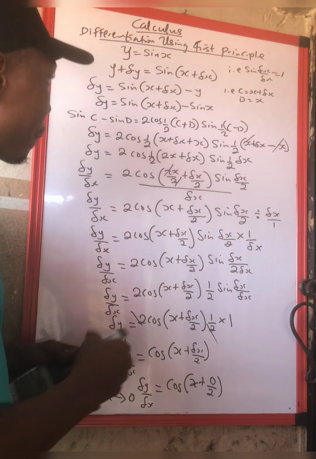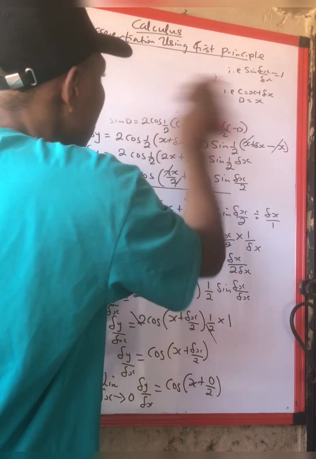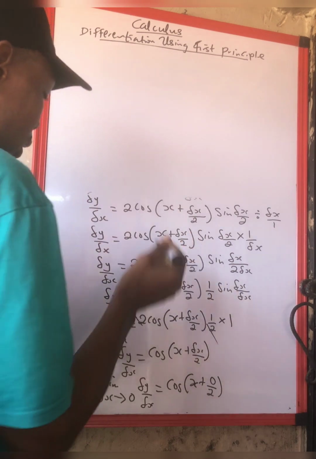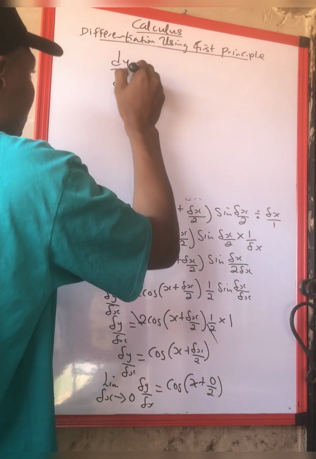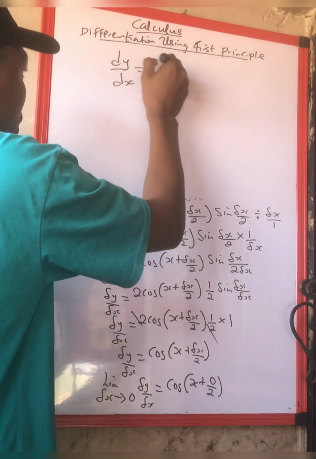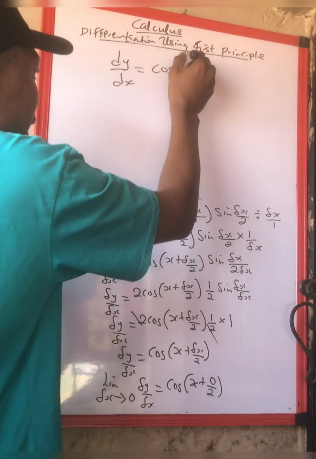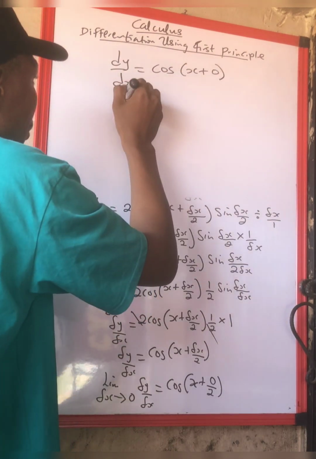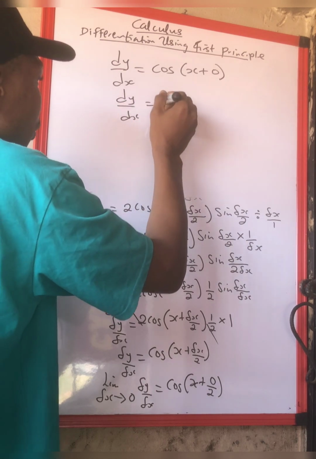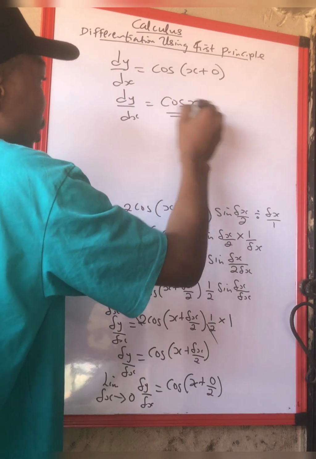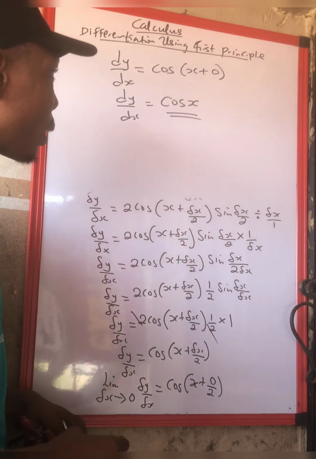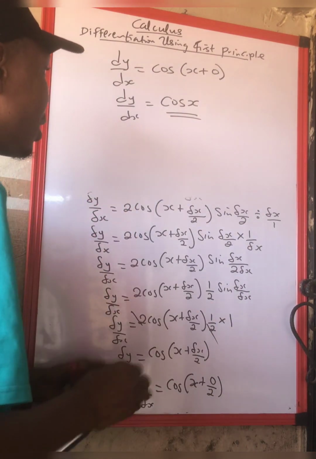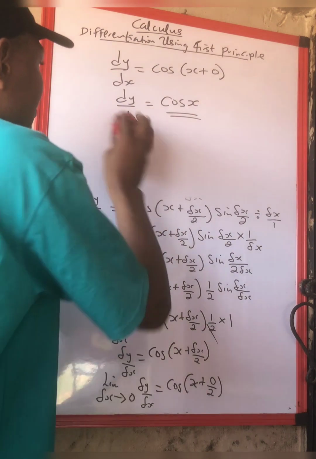From there, it becomes dy/dx equals cos of what is left there: x plus 0 divided by 2, which is x. So dy/dx is going to give us cos x. So that is the final answer. Whenever you differentiate sine x, you will have cos x. All right, let's move to the next one.